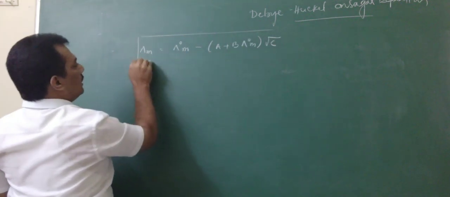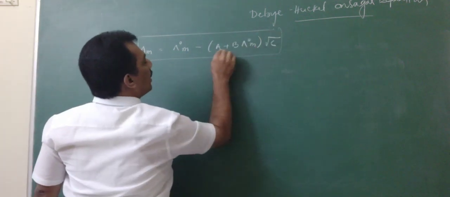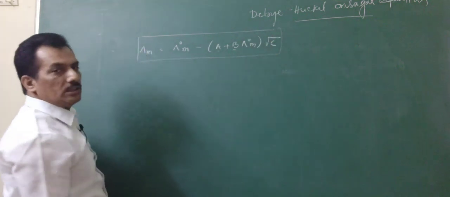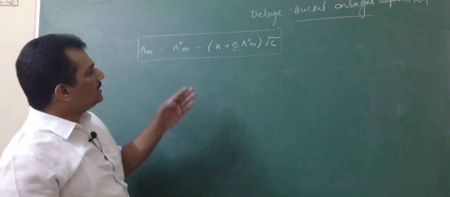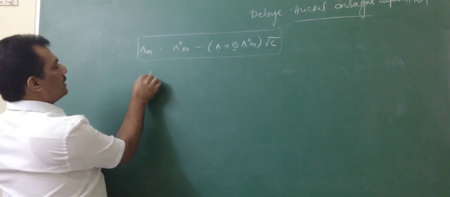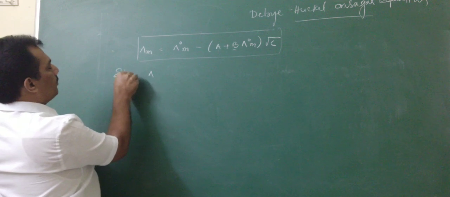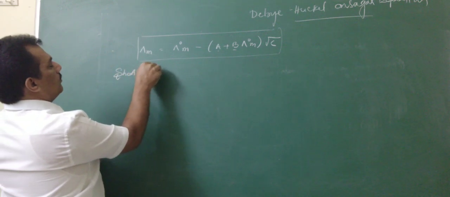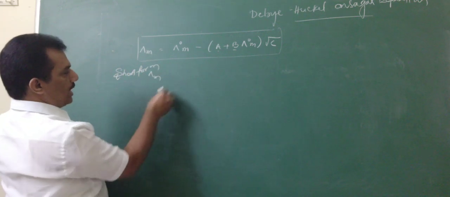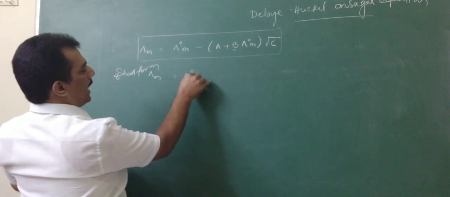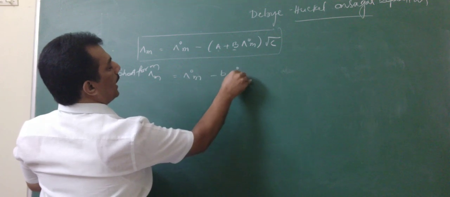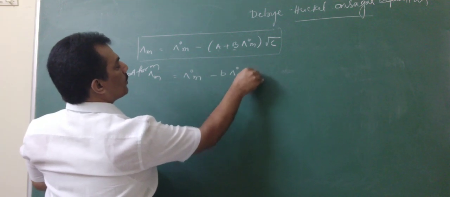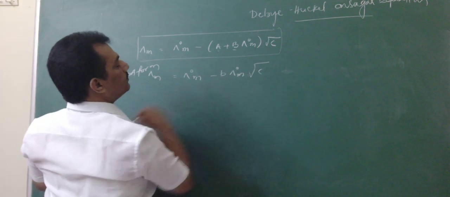A and B are the Debye-Huckel-Onsager constants. In short form we can write this as lambda m equals lambda naught m minus B lambda naught m under root c.